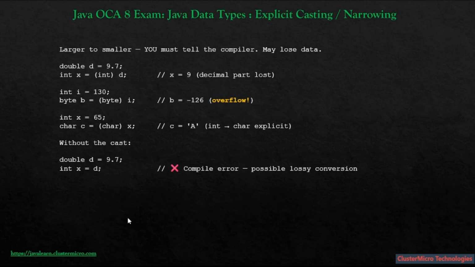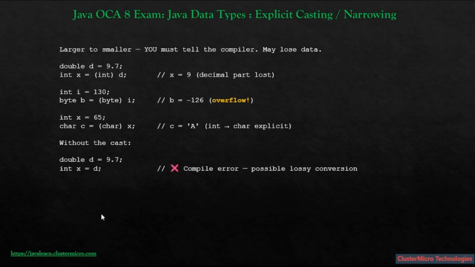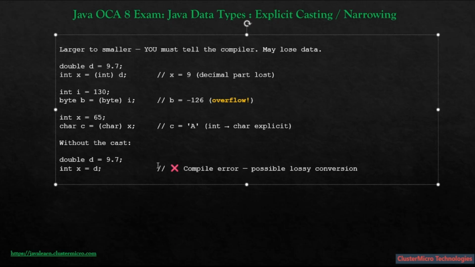But we have to understand one thing about this particular casting. It's called overflow. We are going to discuss it a little more. A byte has a range of -128 to +127. But this value is 130, right? It's bigger than what a byte can hold.